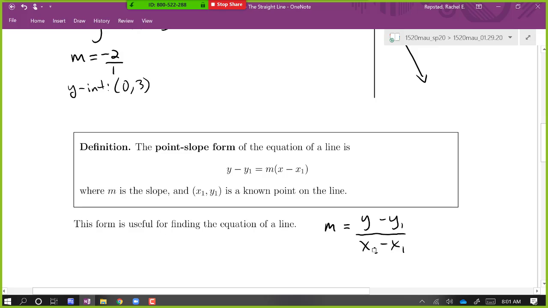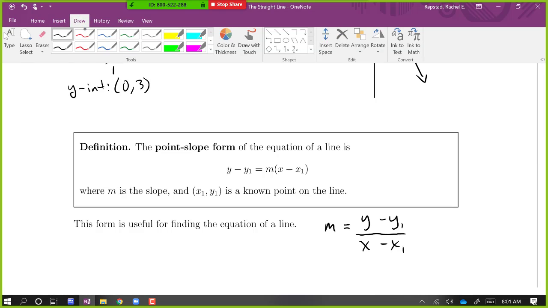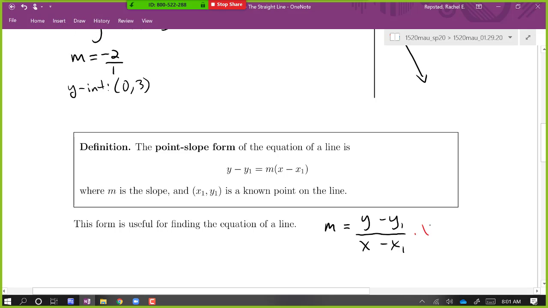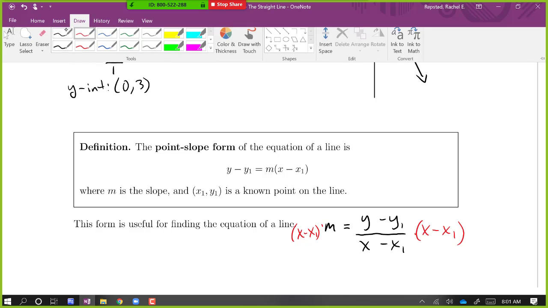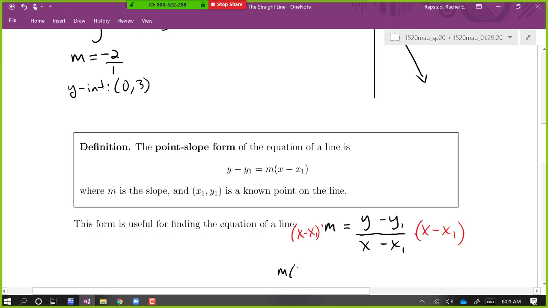For any other point, x, y, that might be on it, if I drop the 2 subscript, all you do is multiply both sides by x minus x1, and there's your point-slope form. So that's where it comes from. It is useful for finding the equation of a line.